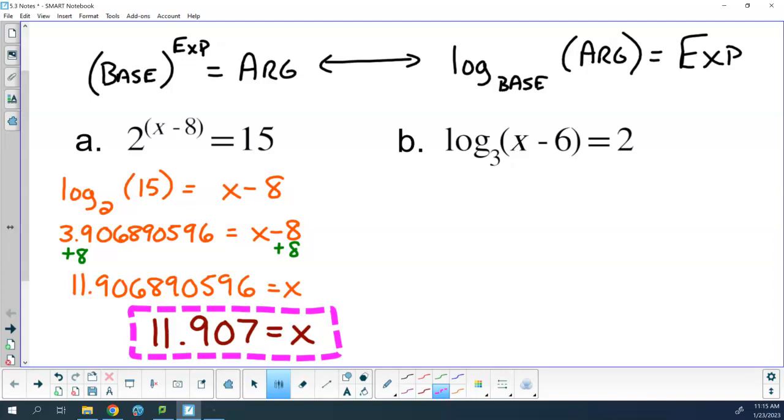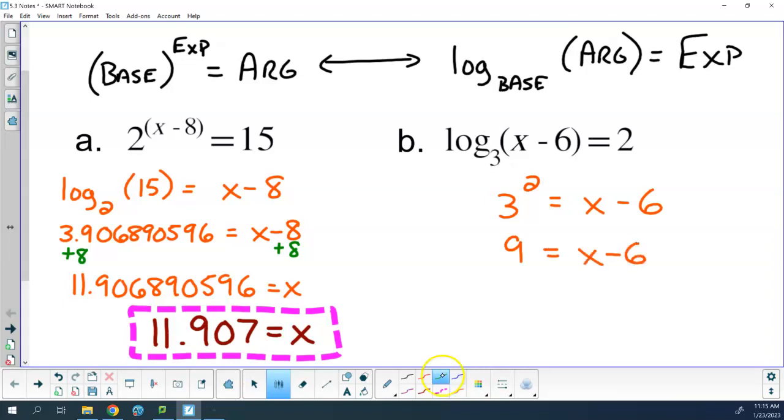Second one, log case, because I see the word log. The log term is isolated, so I can switch forms with it. My base is 3, my exponent is 2, and that is equal to my argument of x minus 6. 3 squared is 9.